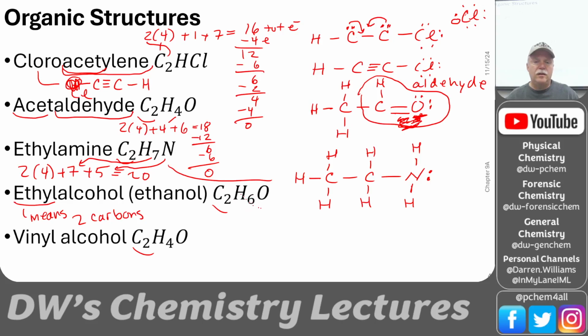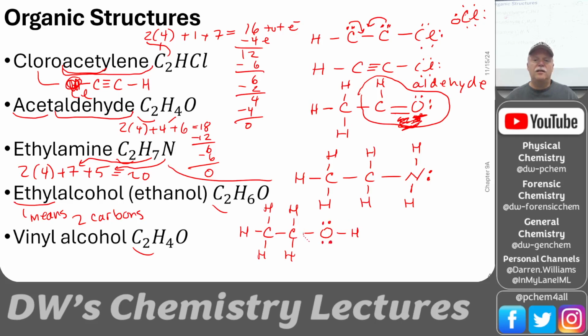So let's do ethyl alcohol. CCO is the backbone of that molecule. We've got 6 hydrogens. So we'll put 3 here on the end, 2 on the one in the middle, and that's only 5. So we've got 1 more, so we'll stick it on the oxygen. If we were to add up all of those valence electrons, we still have 4 left over, and those are going to go on the oxygen.